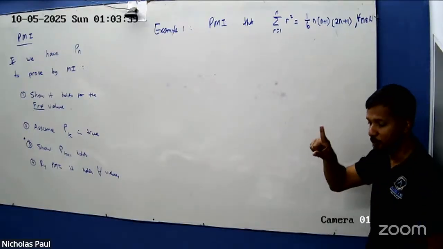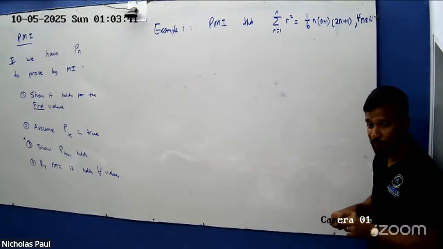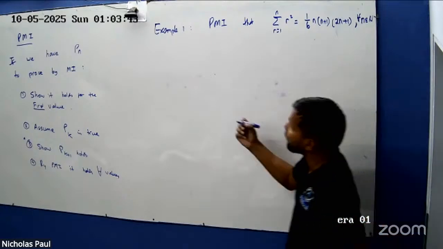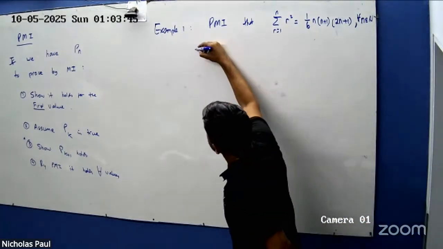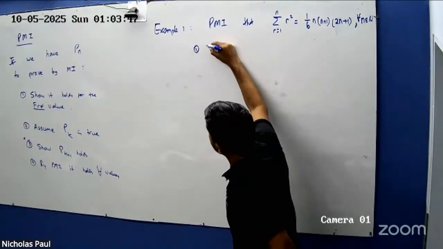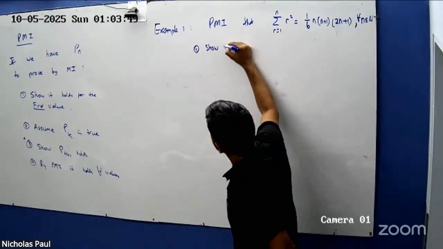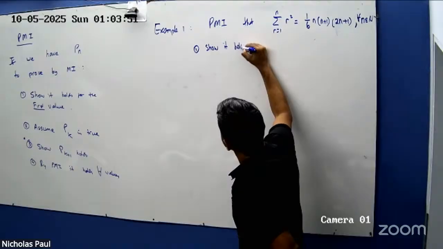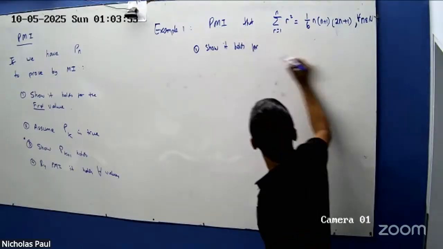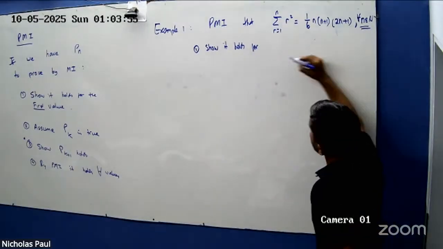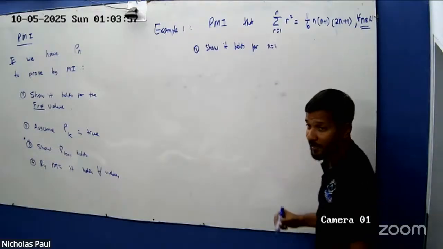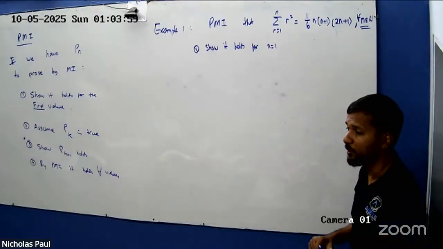First value is what? n is 1. So let's go with step number 1. Step number 1 is to show it holds for the first value, n is 1.